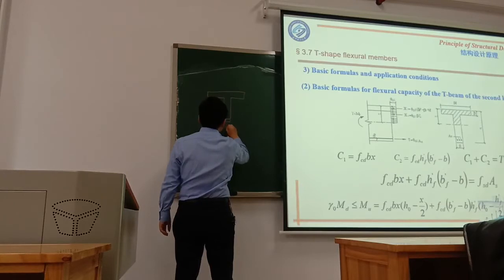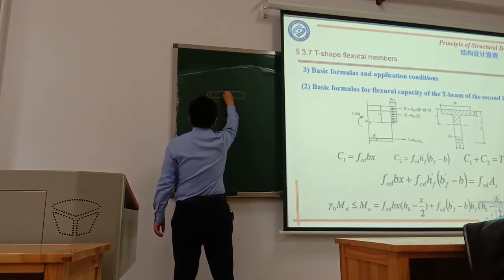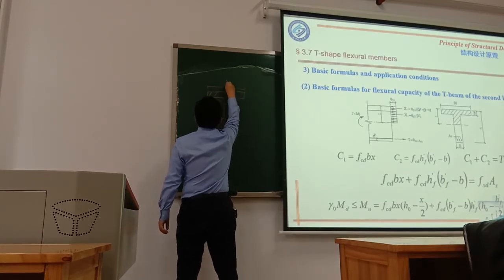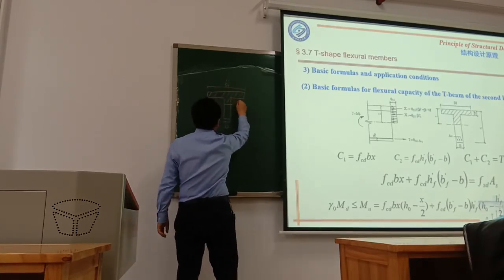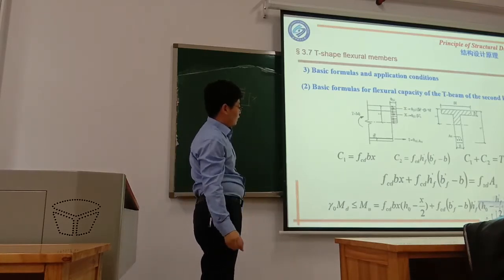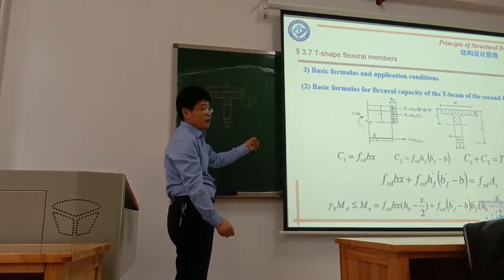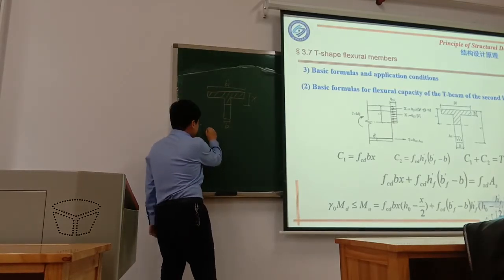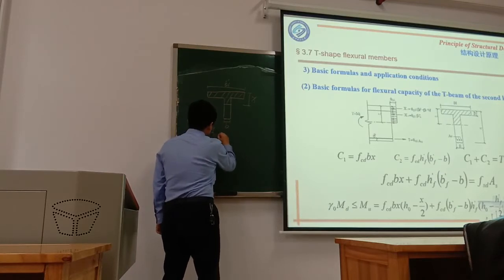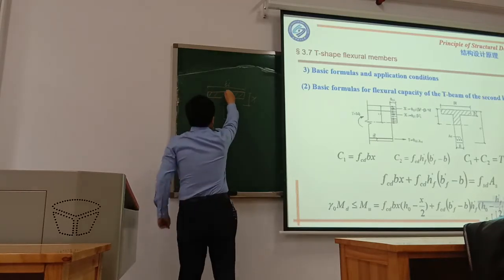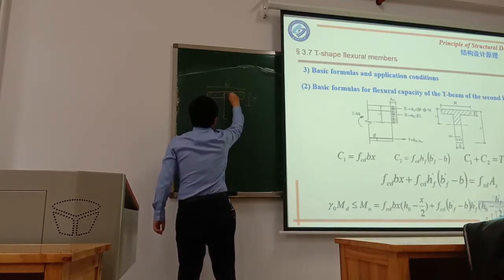If this is in compression, this is the BF. You see, C1, compression force 1, equals FCD B x. So this part is the force induced by this part.